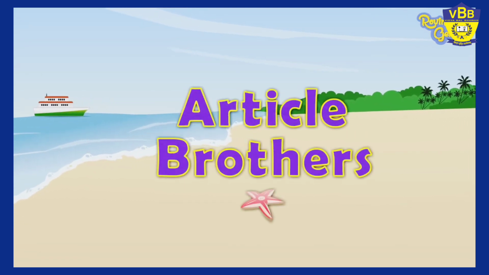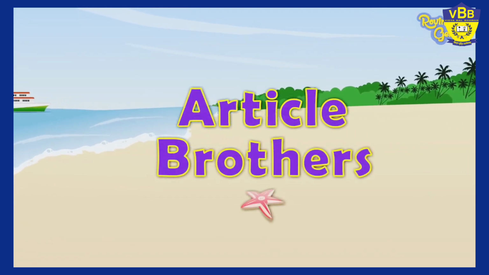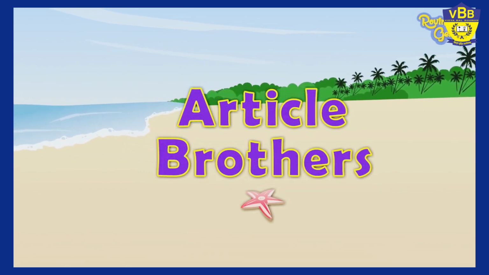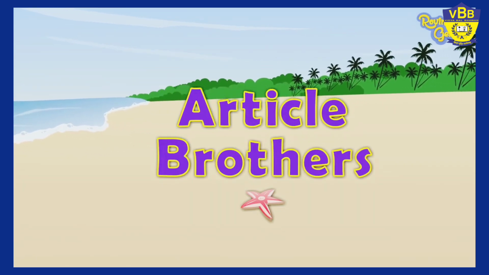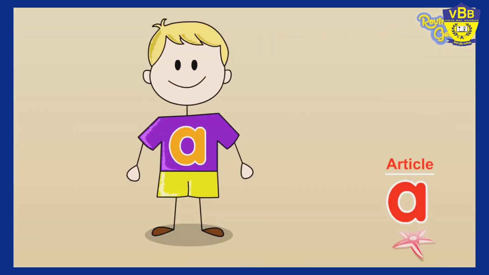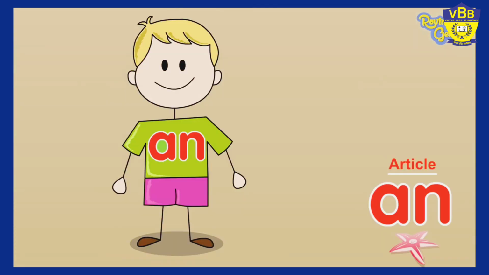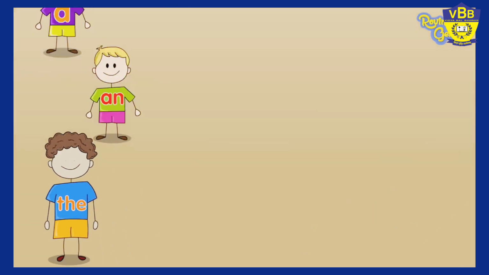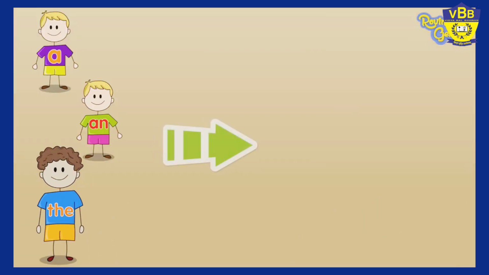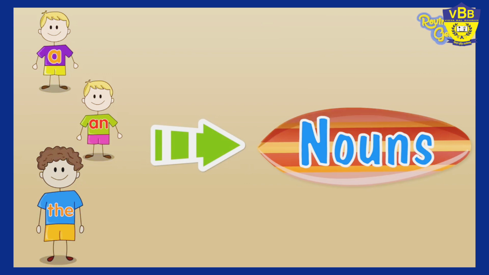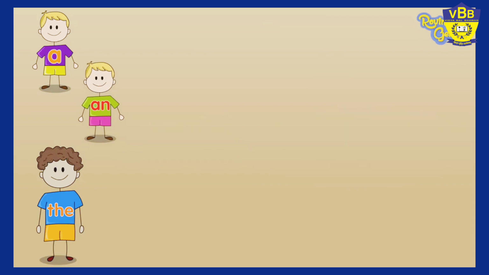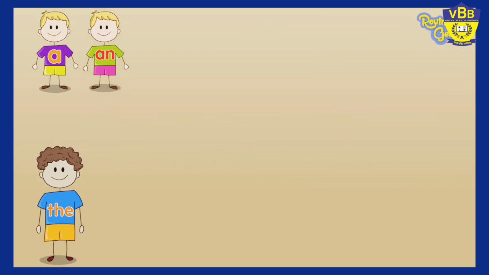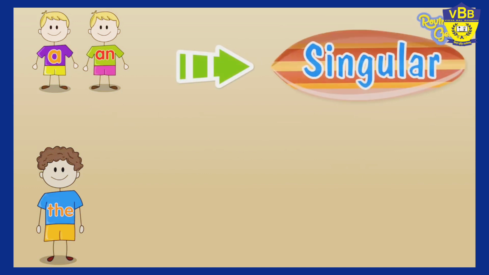Introducing Article Brothers. Meet the three Article Brothers. A, N, and the. All three brothers like to point out nouns. The twin articles A and N like to point out singular nouns.